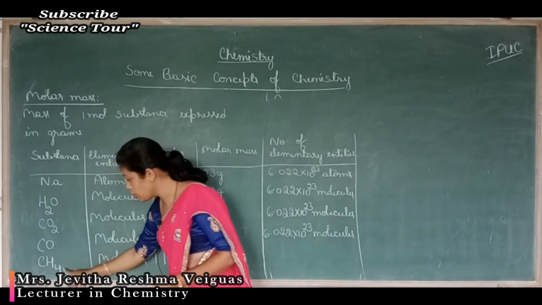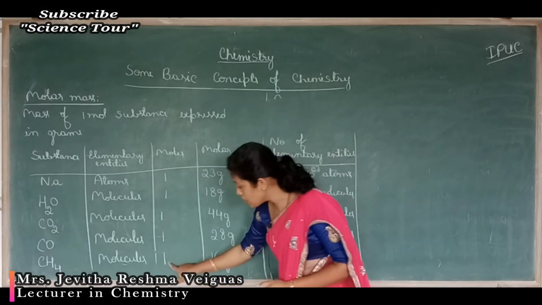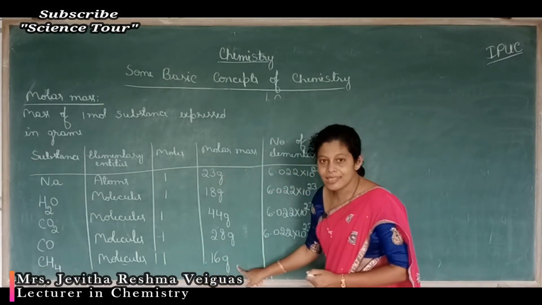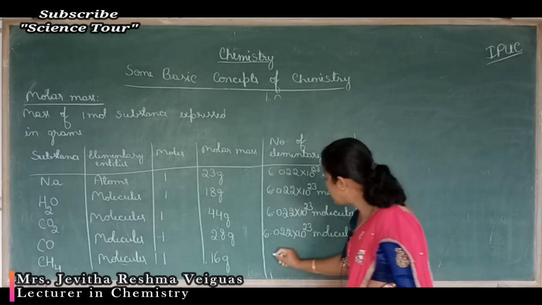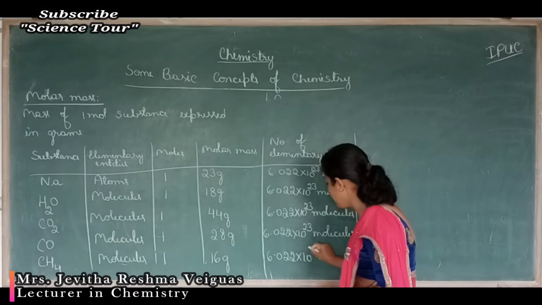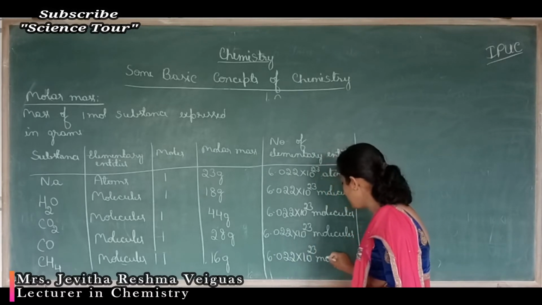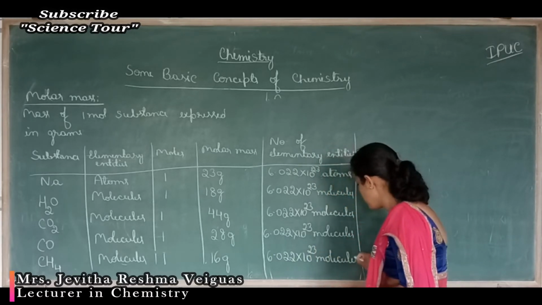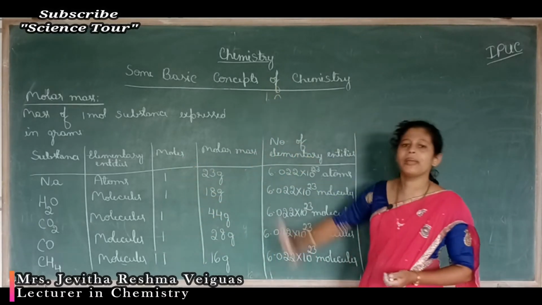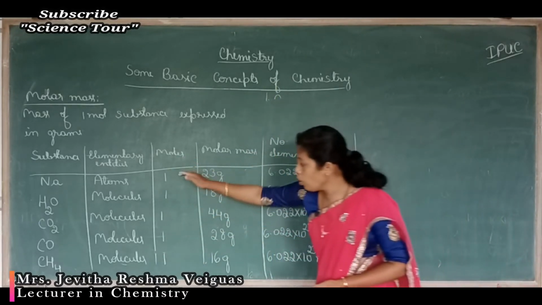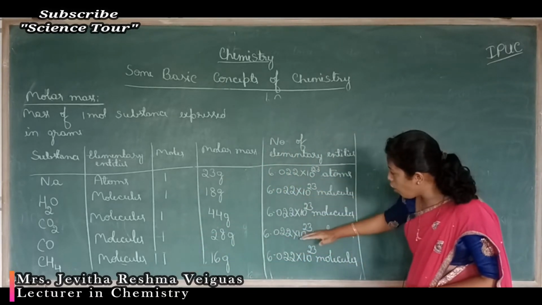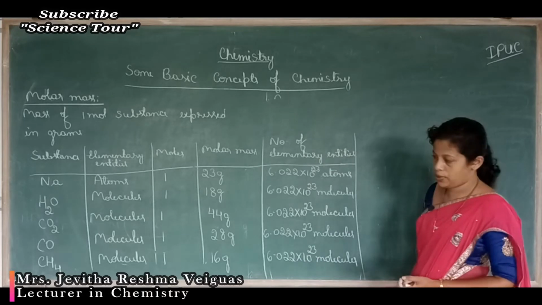The last example we took is methane. We have considered 1 mole of methane. 1 mole of methane weighs 16 grams. 16 grams contains 6.022 into 10 to the power 23 molecules of methane. That means 1 mole of any substance, it may be anything, contains the Avogadro number of elementary entities.